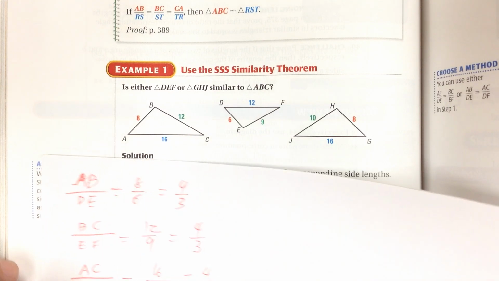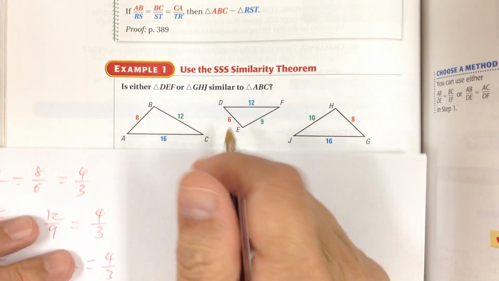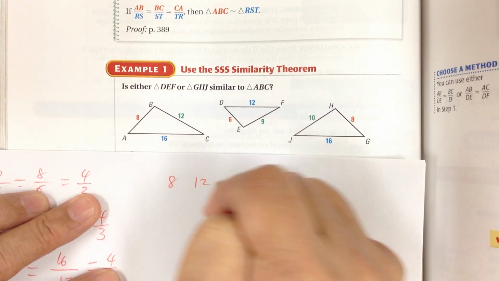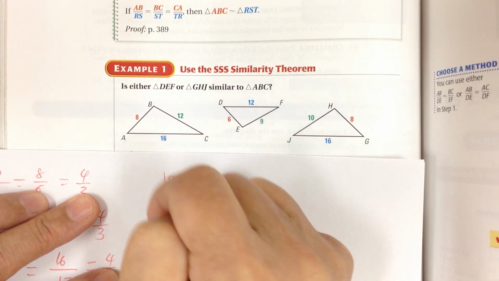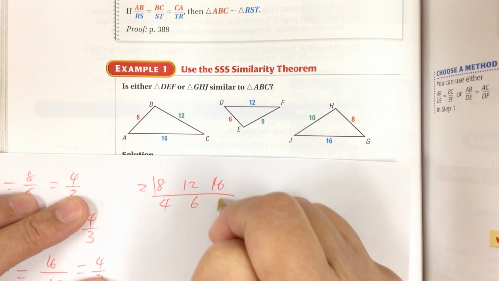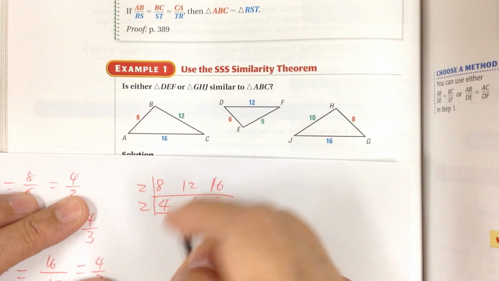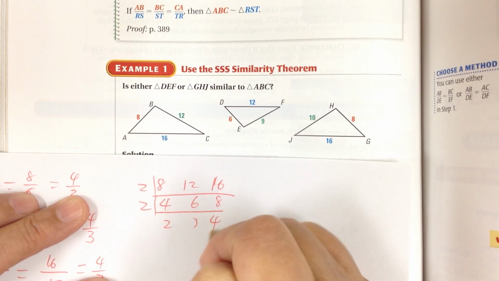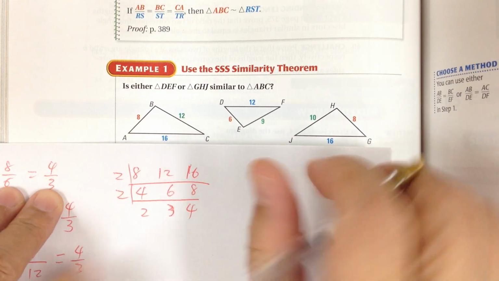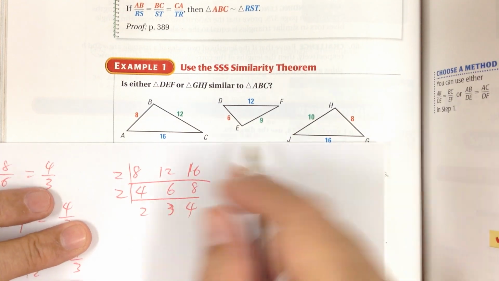Now another way you can do this is by listing the sides in order. For this one, you have 8, 12, 16. All of these are divisible by 2, so reduce by 2 and you get 4, 6, 8. Reduce by 2 again, you get 2, 3, 4. Now for this triangle, this is the second way to check if they're similar.